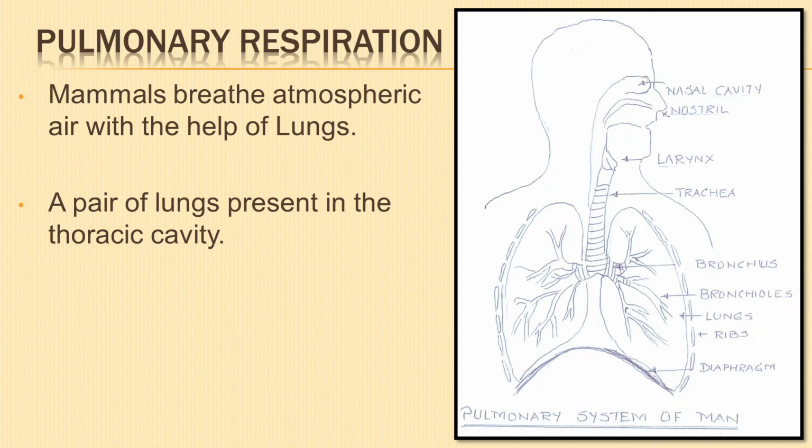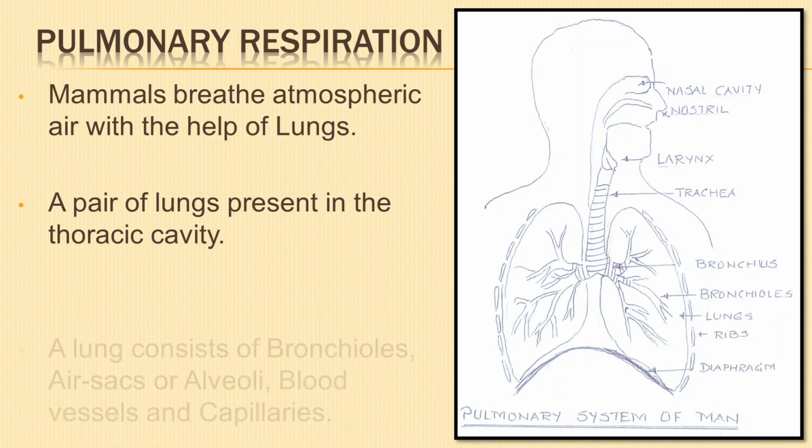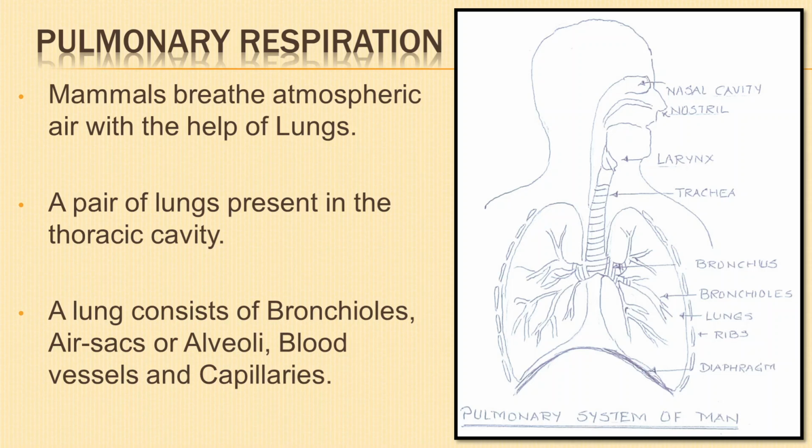It consists of bronchioles and several minute air sacs or alveoli and an extensive network of blood vessels and capillaries. Now we will learn respiration in mammals in detail.